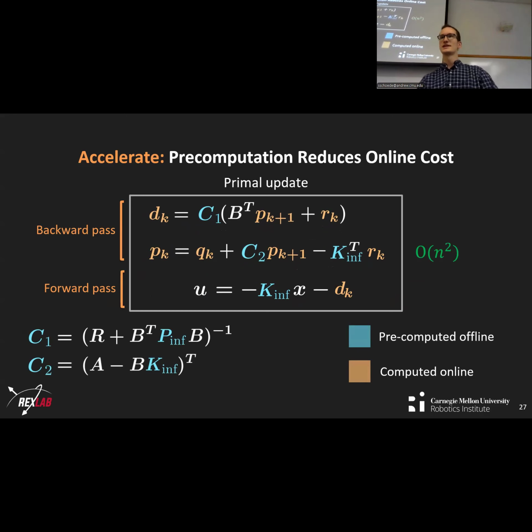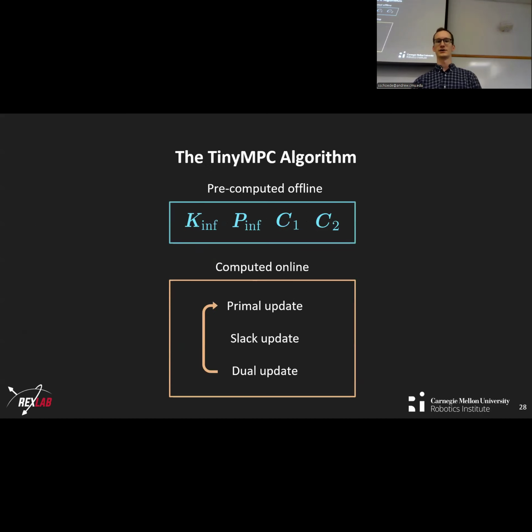And now we can take a step back and get some perspective on what we've done by looking at the full algorithm. So offline, we just pre-compute a few of these matrices. And then online, we cycle through the primal, slack, and dual update steps until we converge. And one additional thing is that this right here is assuming that we're using a single value for rho, our penalty parameter.